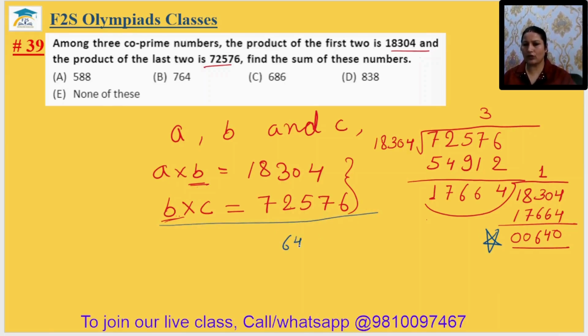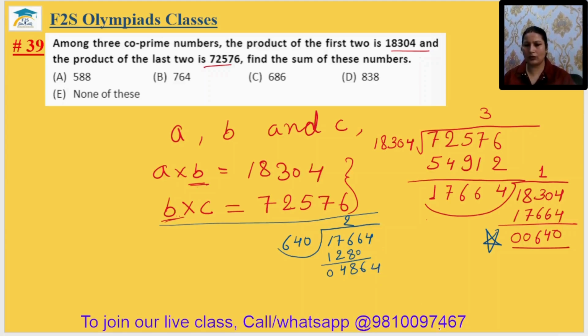Now 640 will be your new divisor and 17664 will be your new dividend. So we can take 2 times. 640 multiplied by 2, we will find 1280. 6, 8, 4, 0.